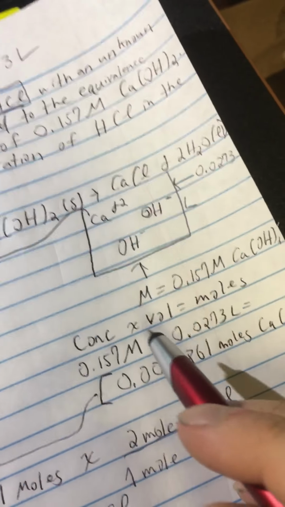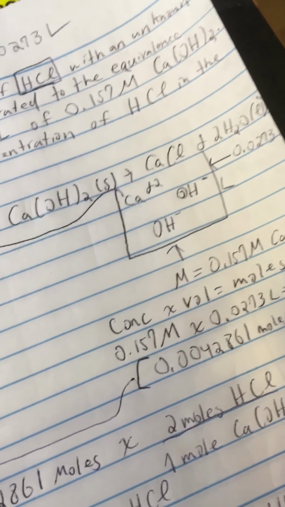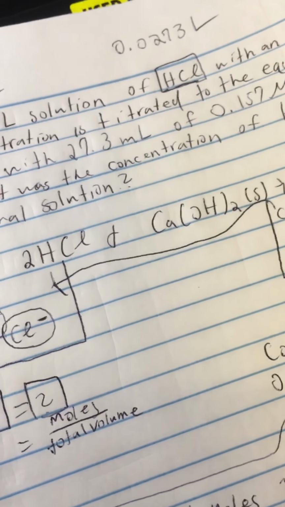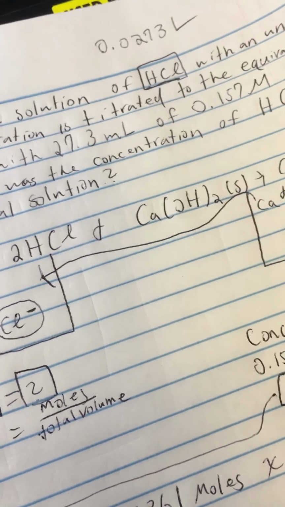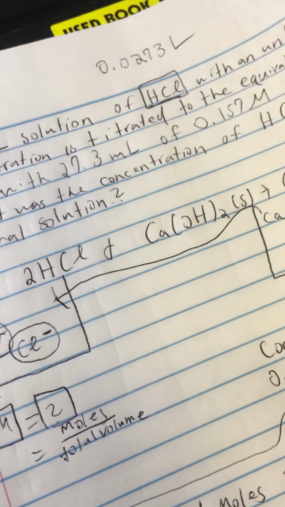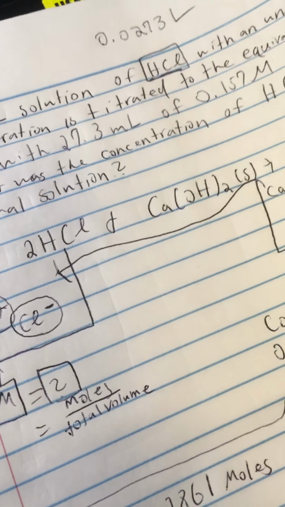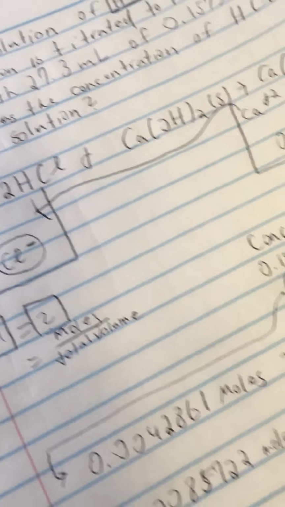Quite simply, concentration times volume equals moles. So using the information we have, that's 0.157 molarity times 0.0273 liters to give us this number. With this number, we can now move on to the next step.